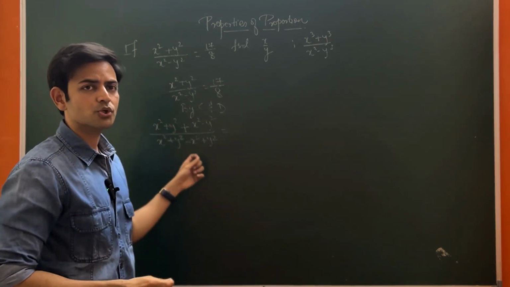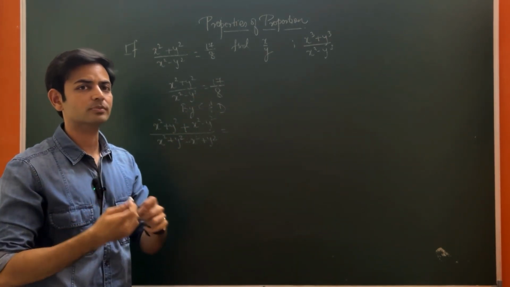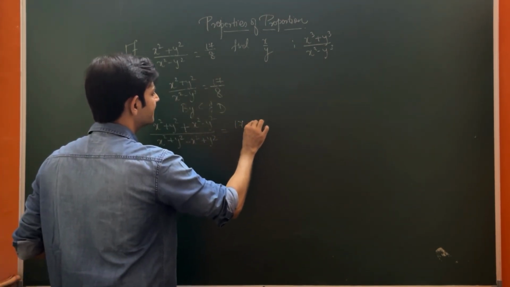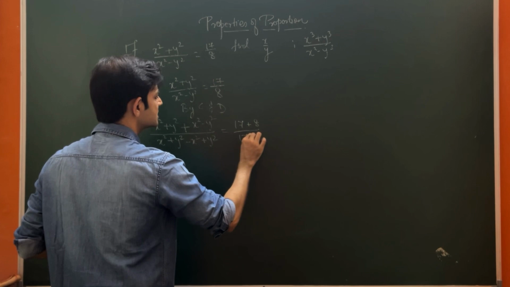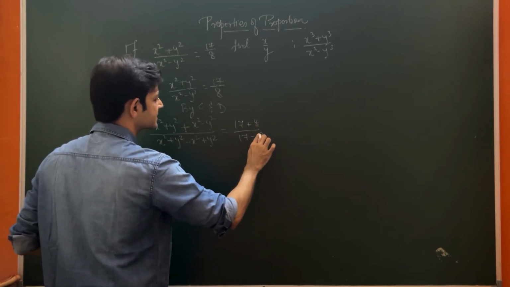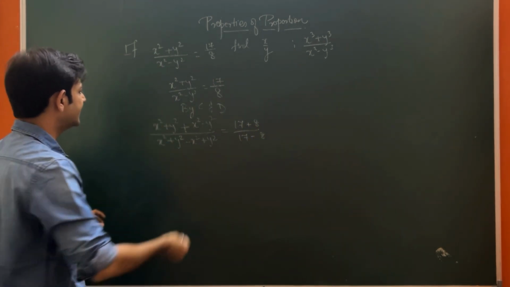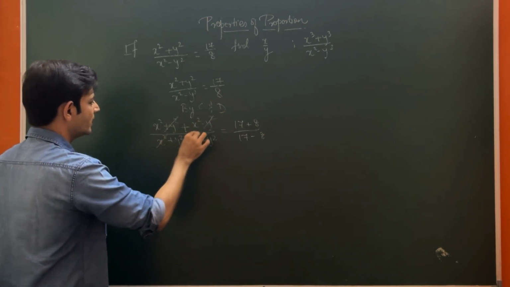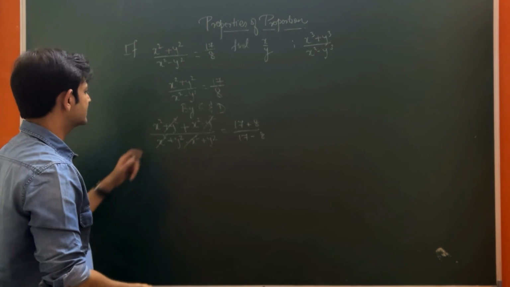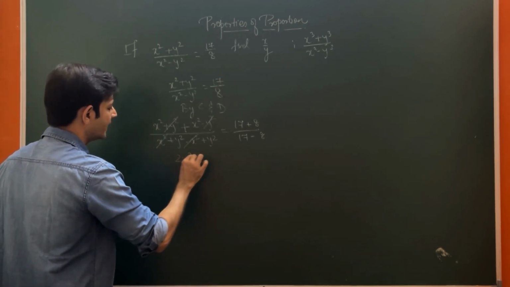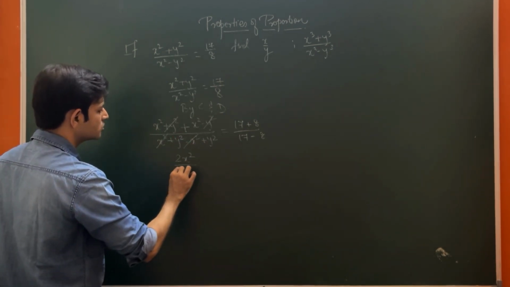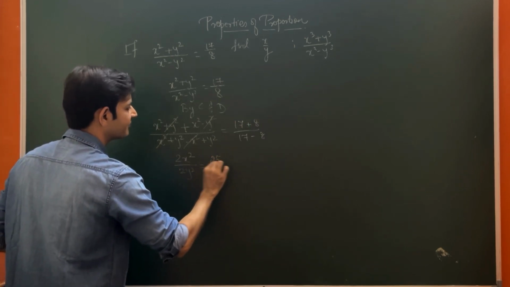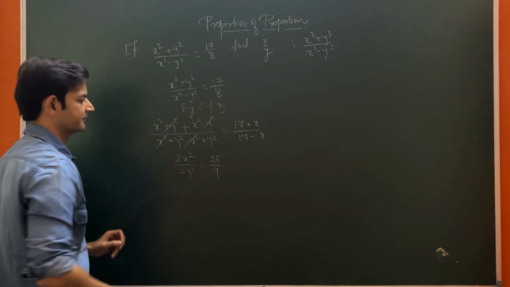Remember, in proportion the property has to be applied on both sides, so this will also become (17+8)/(17-8). So let's solve it then. So y² I can cancel, x² I can cancel. This will become 2x²/2y² = 25/9.